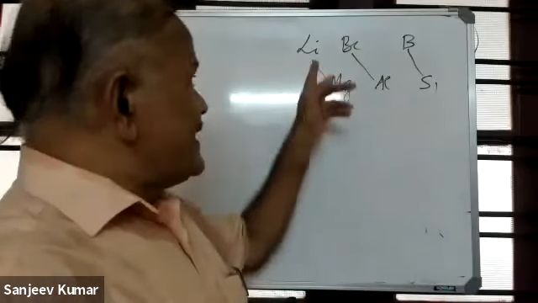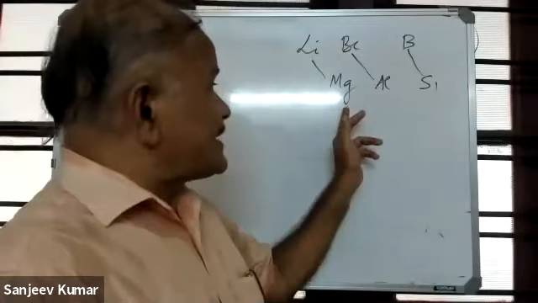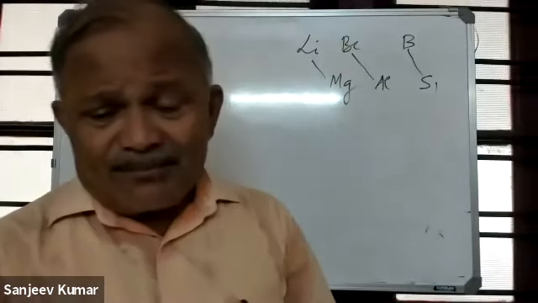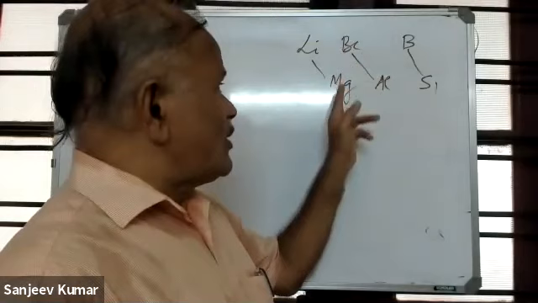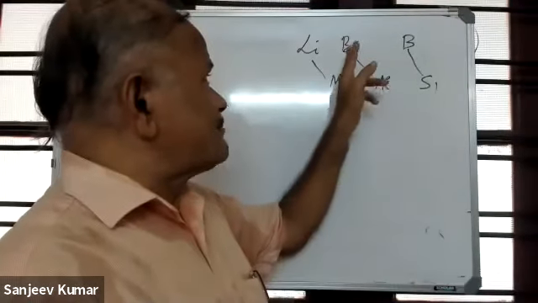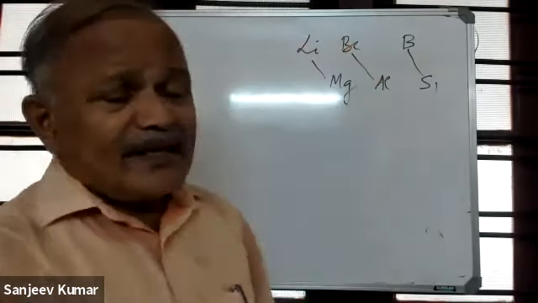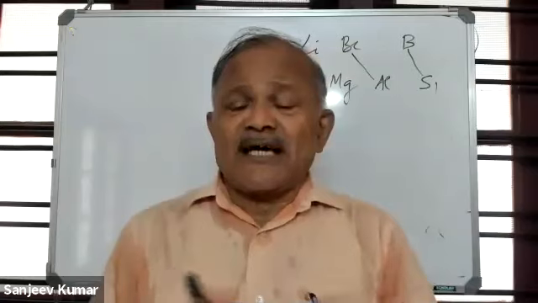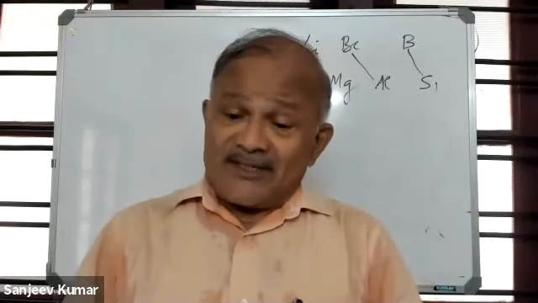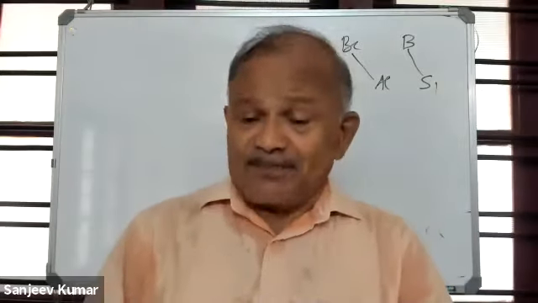Lithium is larger than beryllium, and magnesium, being below beryllium in the same group, is also larger than beryllium. So lithium and magnesium have almost the same size. That is one of the reasons.